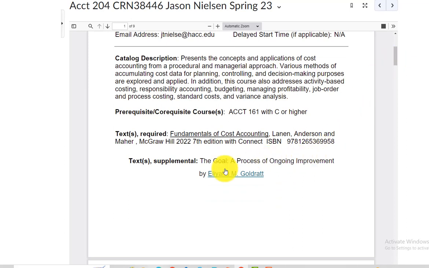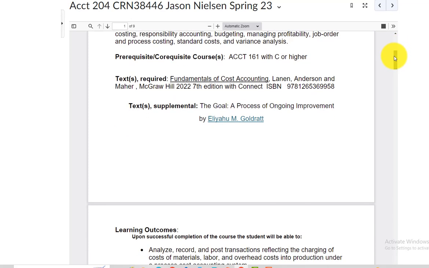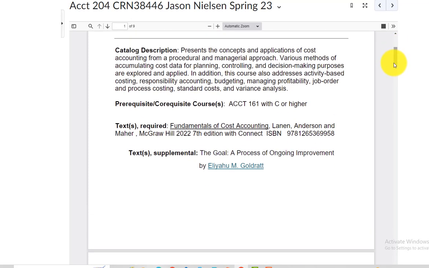And then we need also to point out that there is a supplementary book that you can access lots of different ways. This is the name of the book, the book called The Goal, A Process of Ongoing Improvement. There's the author. It is more of a novel than a textbook. You can access it at libraries. You can access it at our Hack Library. You can access it on Amazon, various places.